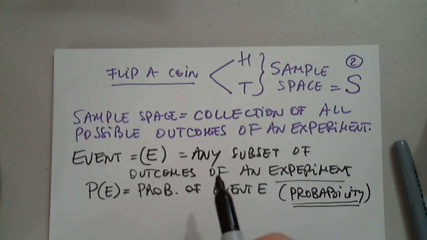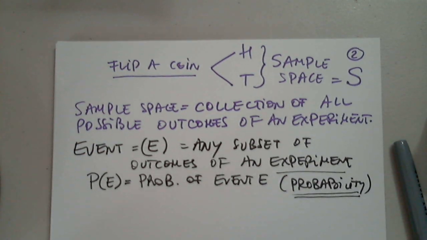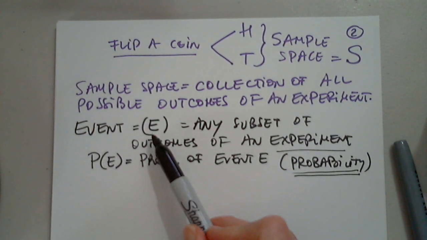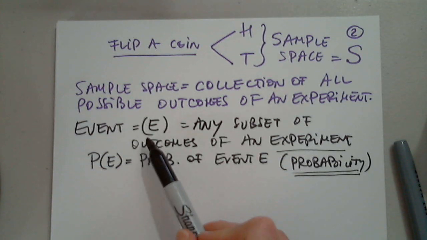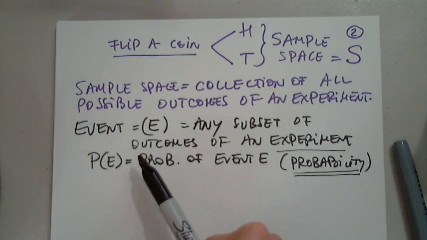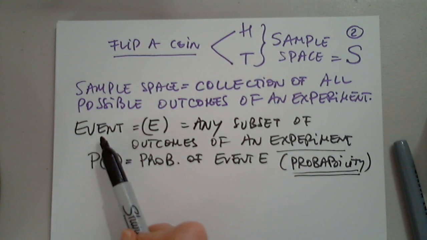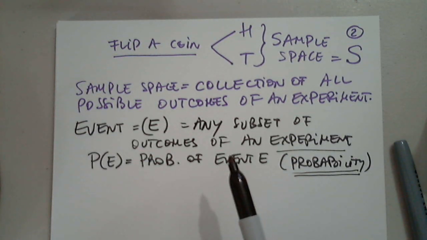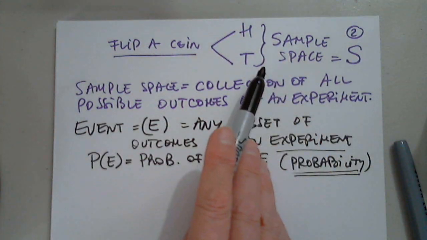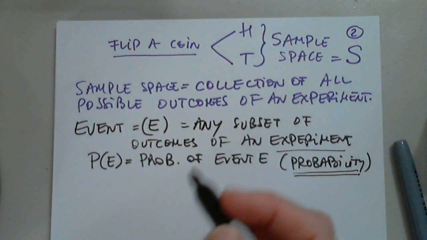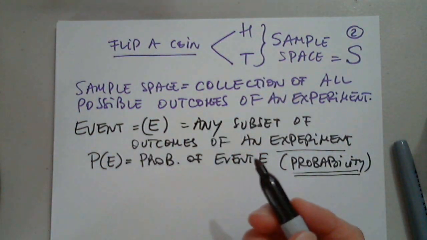Okay, so by any subset, and I'll give an example in a moment, we mean maybe one outcome, maybe two outcomes, maybe three outcomes, or four from the total. So let's give an example here. What are our possible events?